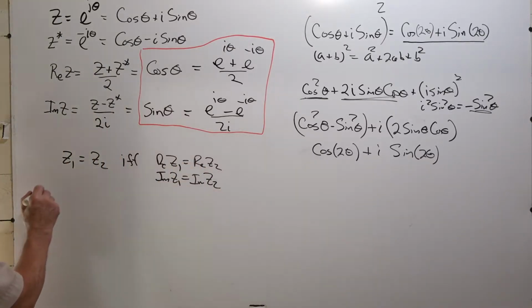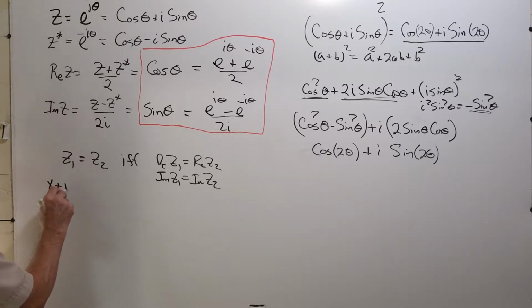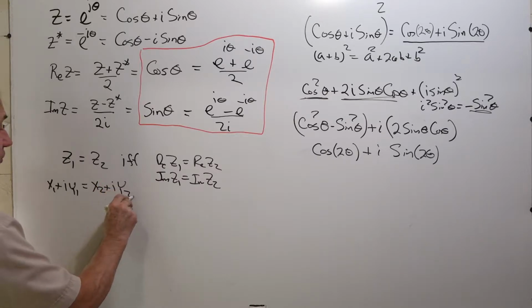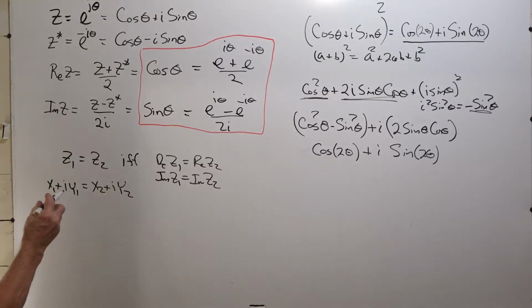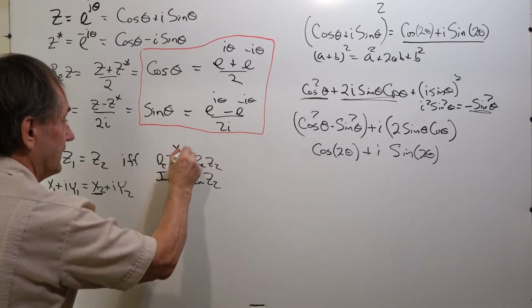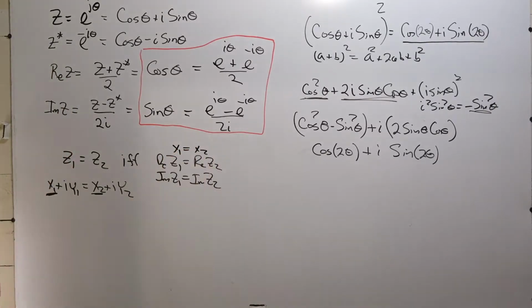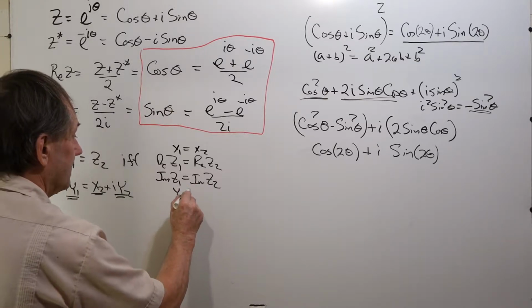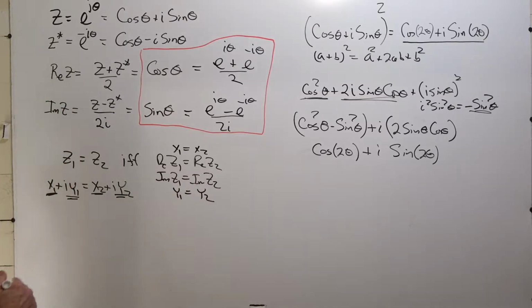That is, if z1 is x1 plus i y1 and z2 is x2 plus i y2, then for these two numbers to be equal, x1 and x2 have to be equal. That's what this statement says, x1 equals x2. And then the imaginary parts also have to be equal, and that's what this statement says: y1 equals y2.